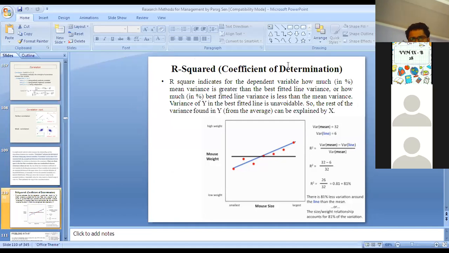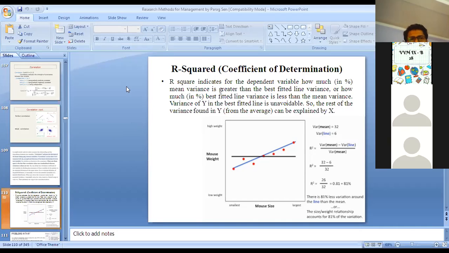Very often you will find that we calculate the value of R squared. The R square value is from 0 to 1, because you express R square in terms of percentage. Now let's take a look at the concept of R square.